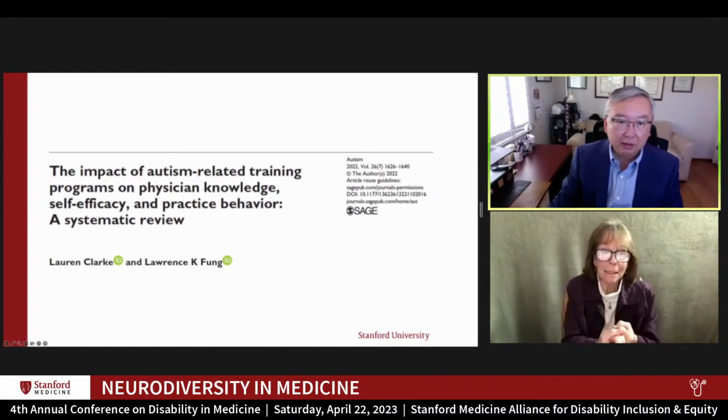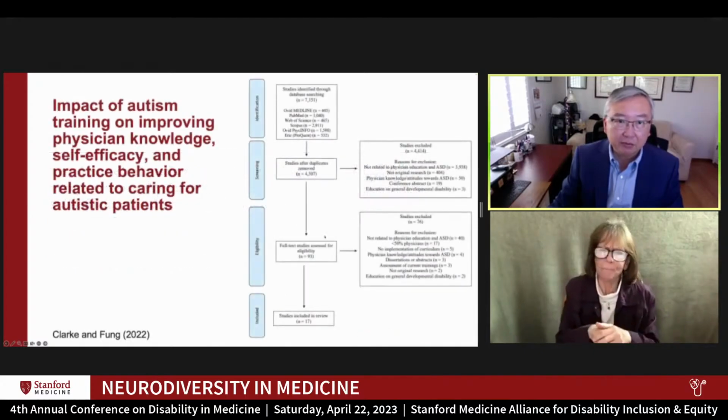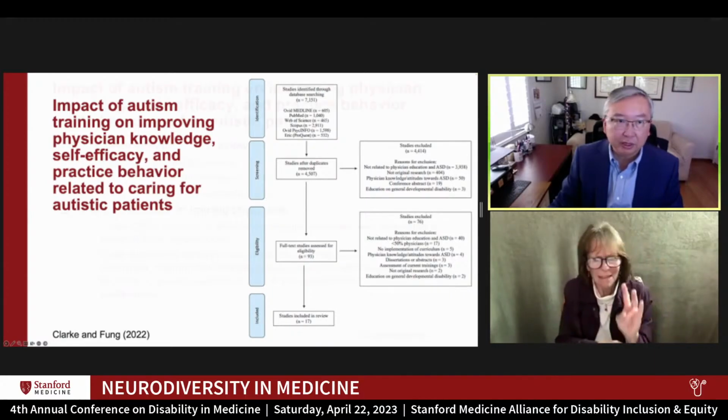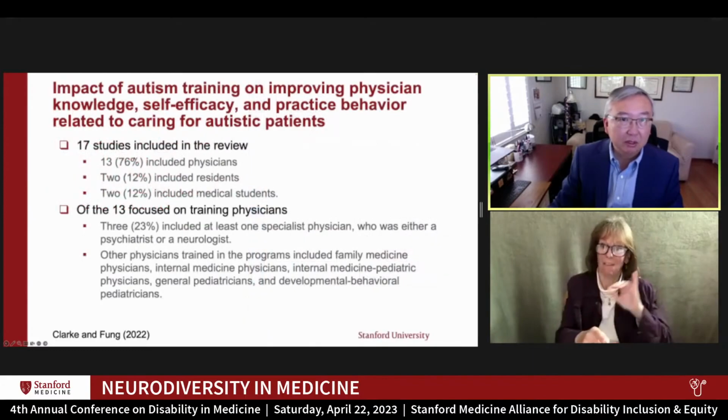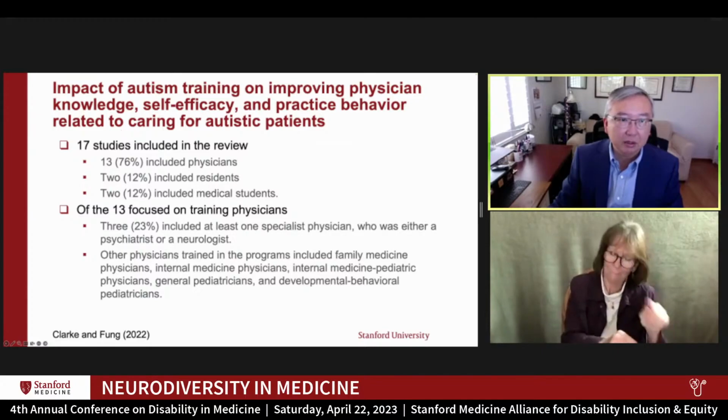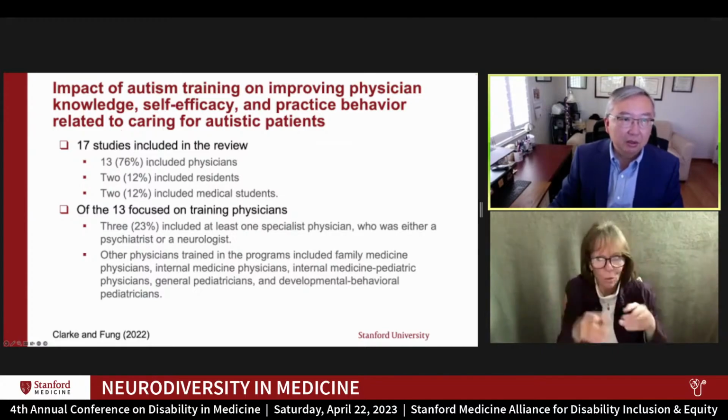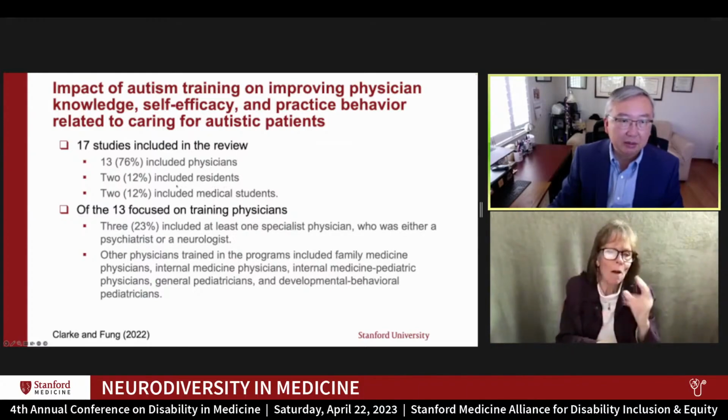So we had several thousand papers in the beginning, and then distilled down to 17 papers that meet the criteria, and found that, first of all, there are not really that many studies that have physician training on autism or focus on autism. And only 76% included physicians, 12% for the residents, and other 12% for the medical students.